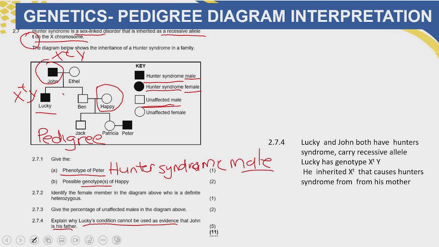So he couldn't have got the X from the father, because the father is also affected. That's why we cannot use that evidence to show that John is his father.